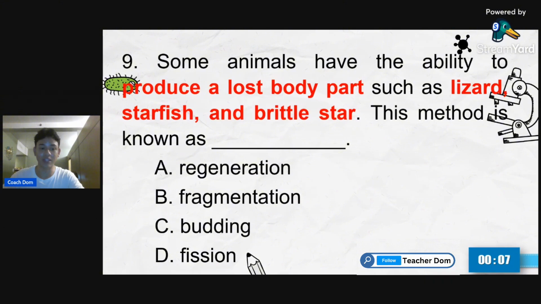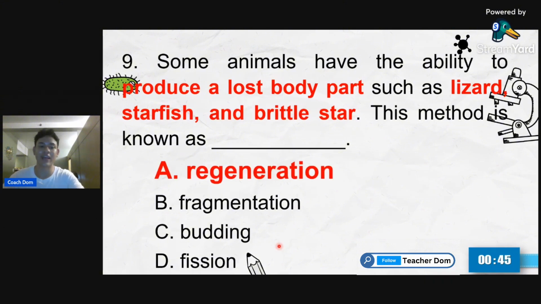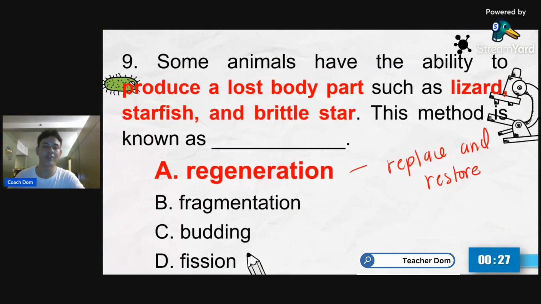Correct answer po dito, that is letter A, regeneration. Take note po, when you say regeneration, ito po yung natural process para ma-replace or ma-restore the damaged or the missing cells.